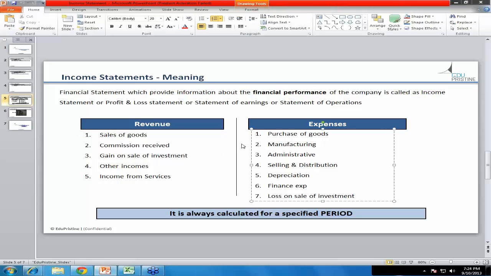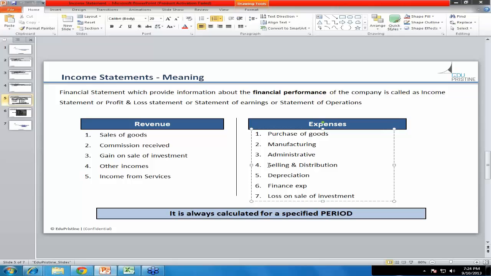Expenses on the other side, we discussed how it was the purchase of goods. In our case, the specific pizza shop, it was the dough, the sauce, the vegetables, and the meat. Manufacturing is an expense if you actually have an assembly line through which your products have to pass to be turned from raw material to a final product. Administrative, we discussed, is providing wages to your employees.